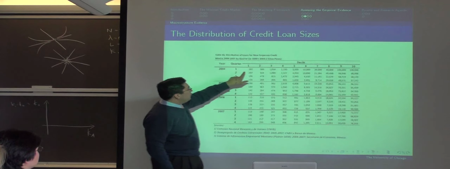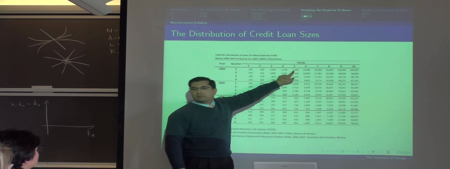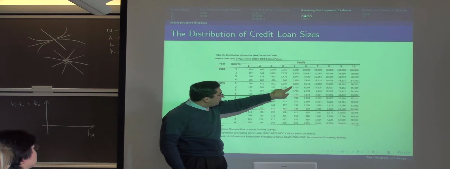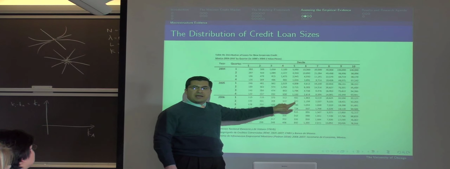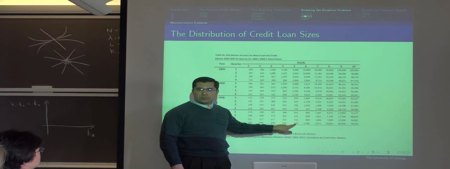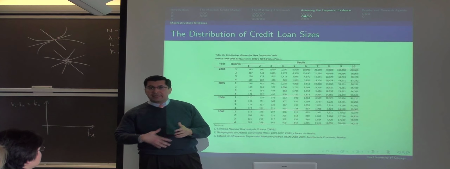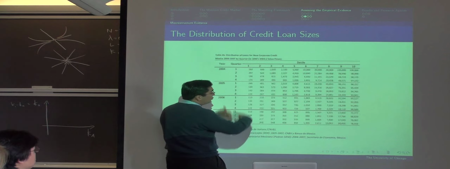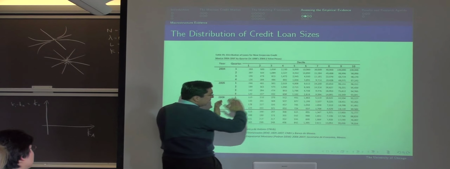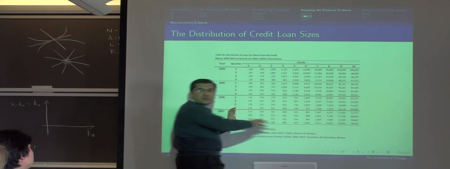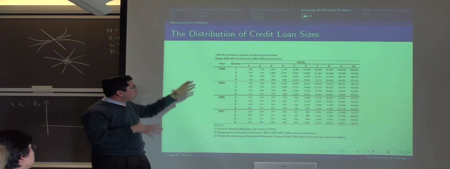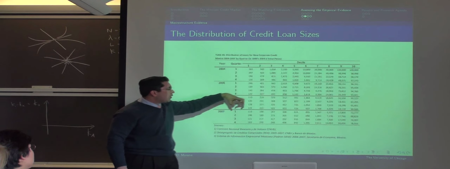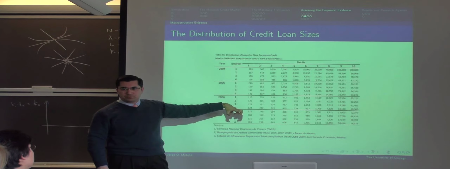Well, if you keep track of the median, you will observe that the median credit size is going down. Or, to read the data another way, the small credit loans are relatively taking a bigger portion of the distribution each time. So loan sizes are shifting toward small credit sizes in time.